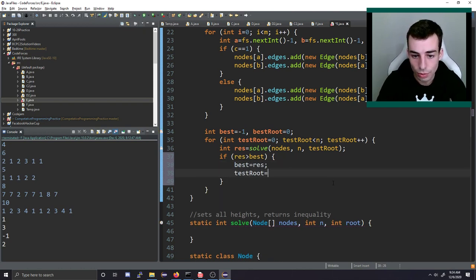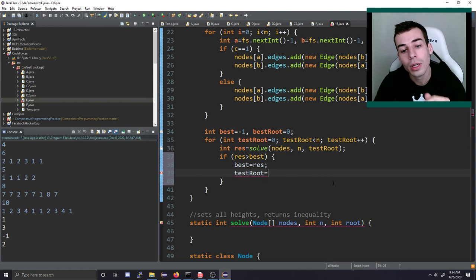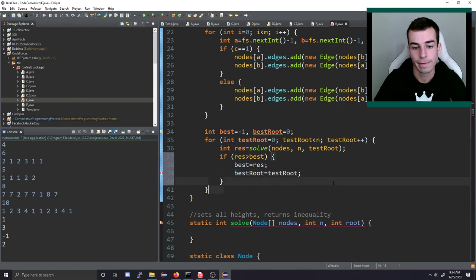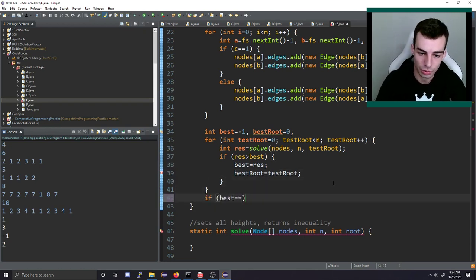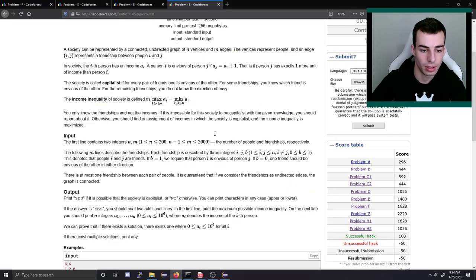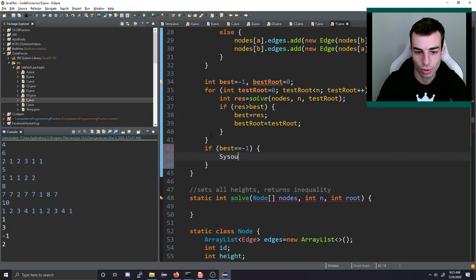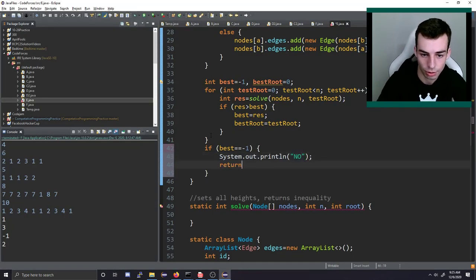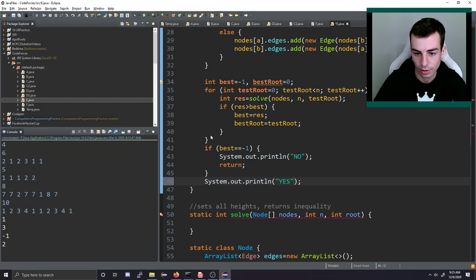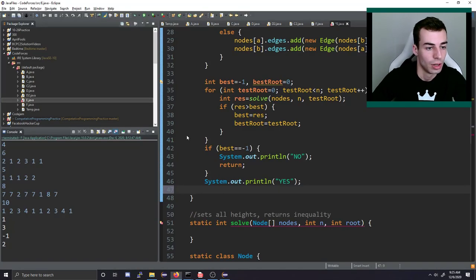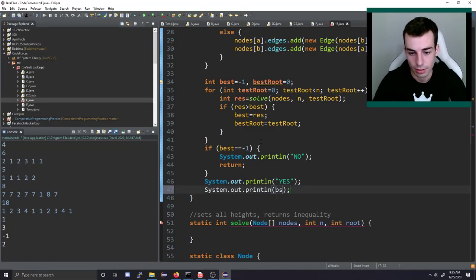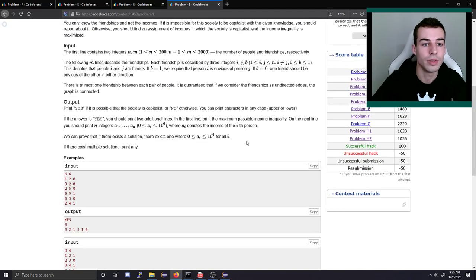Test root equals best root is the test root. If best equals -1, then print no. Return yes. Sys out the best, and then sys out n can be 1.